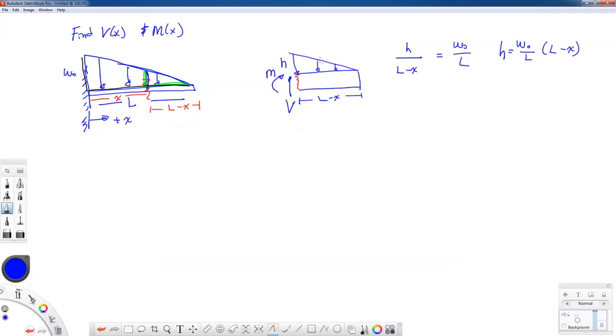So the statically equivalent force from the triangle then is 1/2 the base times the height, and it occurs at a distance of 1/3 of L minus x.